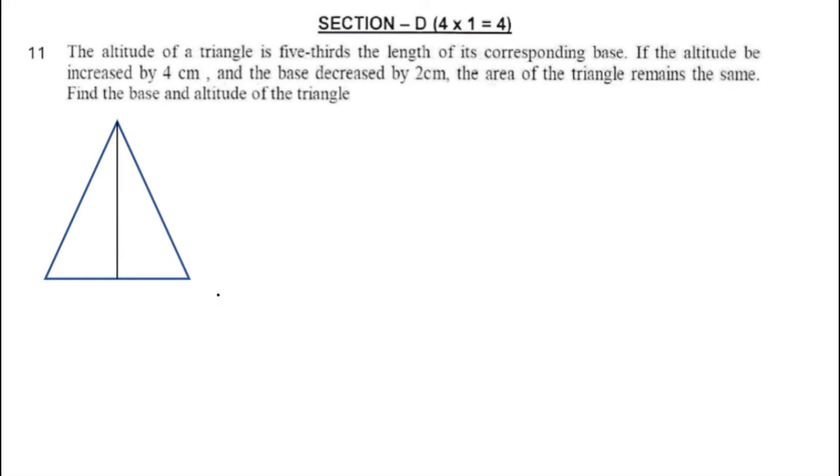Find base and altitude. If I consider the base to be b, the altitude becomes 5/3 times of b. We all know that area of triangle is half into base into height.